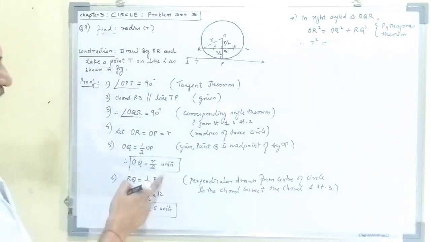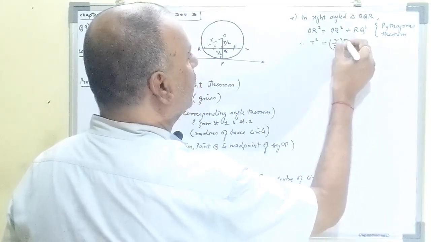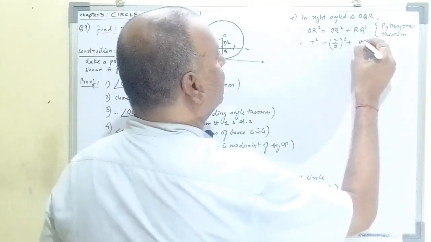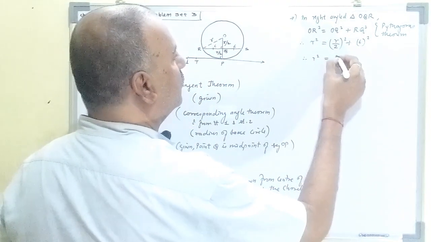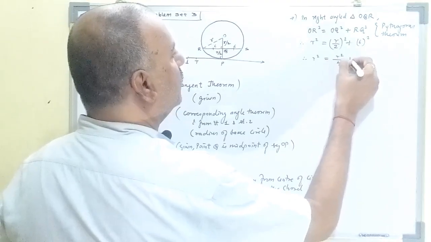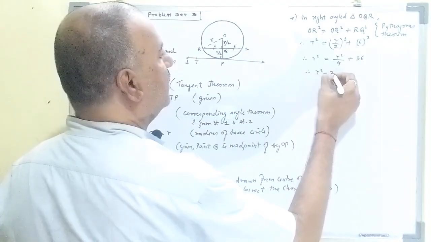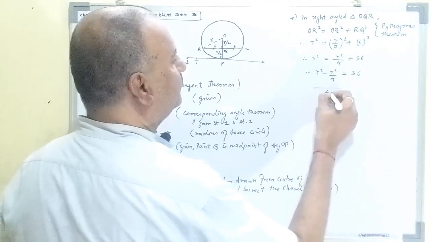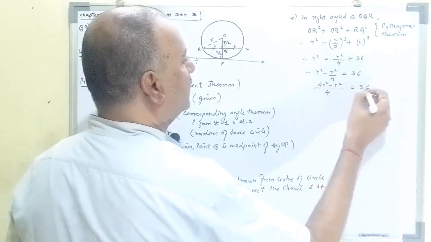ओ क्यू कितना है r अपॉन 2, सो ये r अपॉन 2 स्क्वायर हो गया, और आर क्यू कितना है 6, तो ये 6 स्क्वायर हो गया। सो दिस विल बी आर स्क्वायर इक्वल टू आर स्क्वायर अपॉन 4 प्लस 36। इस साइड लेके आओ, आर स्क्वायर माइनस आर स्क्वायर अपॉन 4 इक्वल टू 36। एलसीएम लो, 4r square minus r square equal to 36.